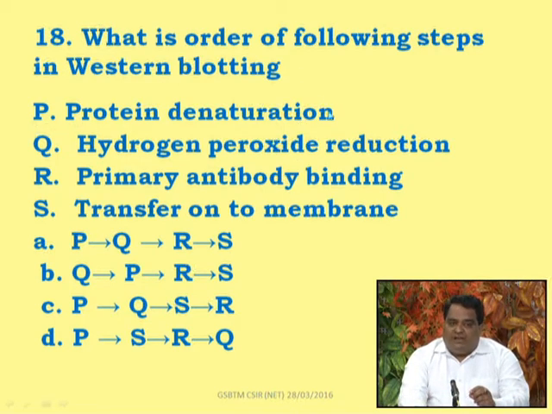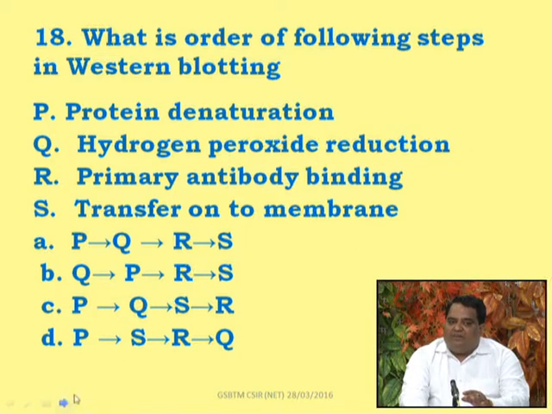So, protein denaturation first. We have to run the proteins, denature them, and transfer onto the membrane. First, protein has to be transferred on the membrane, and then protein has to be denatured. Then a primary antibody is given for binding, and then analysis can be made through chromogenic substances, like hydrogen peroxide reduction.